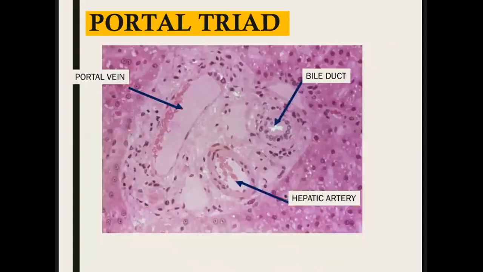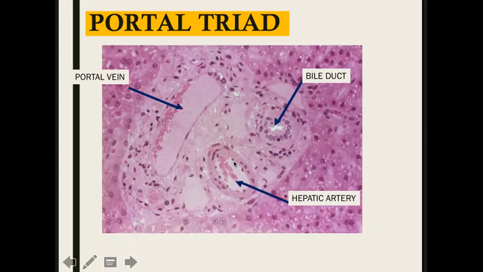Next slide. The portal triad is found in the portal area, and there are three structures found in this portal area, namely the portal vein, the hepatic artery, and the bile duct. So let's differentiate one from the other. The portal vein is a venule branch of the portal vein with blood rich in nutrients but low in oxygen.